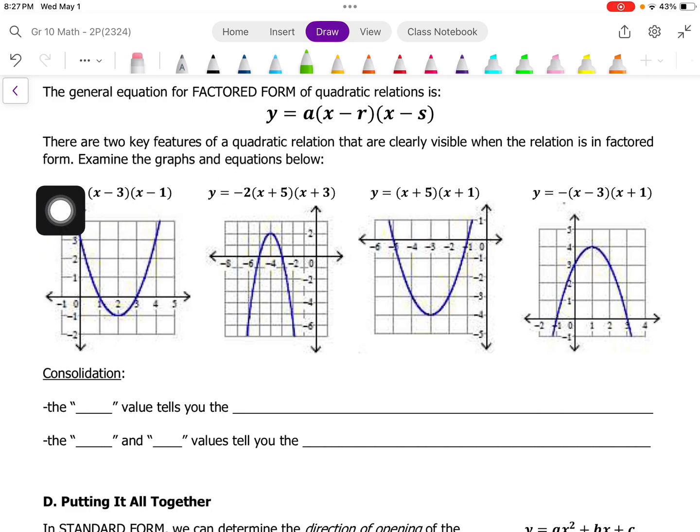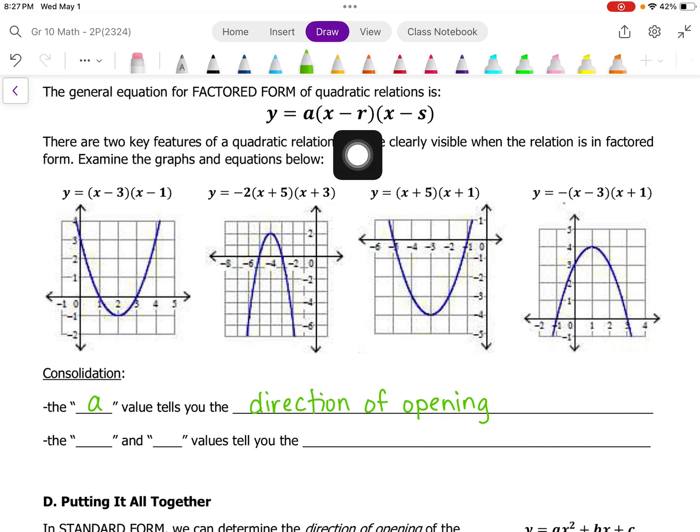A is positive and it opens up. Here it's negative and opens down, positive and opens up, negative and opens down. So that is the exact same as before. Our a value gives us the direction of opening. So once again, it's the exact same number and sign we would have as we move from one form to the other.